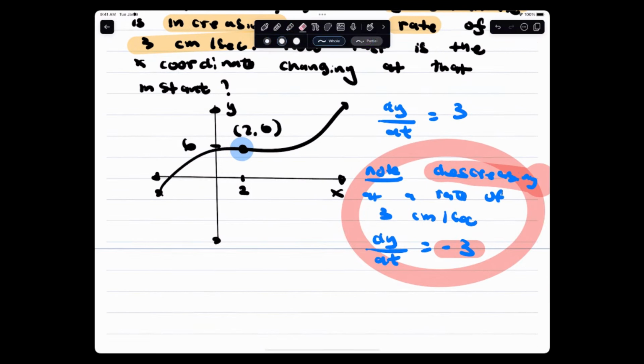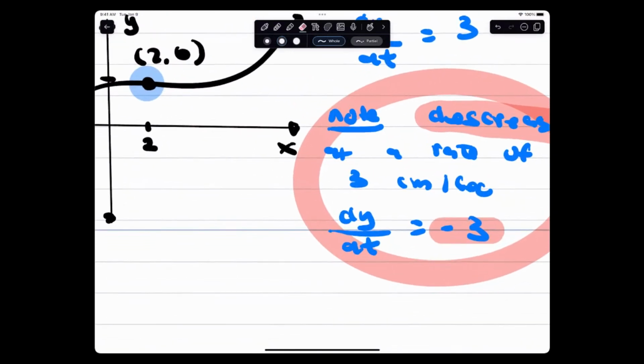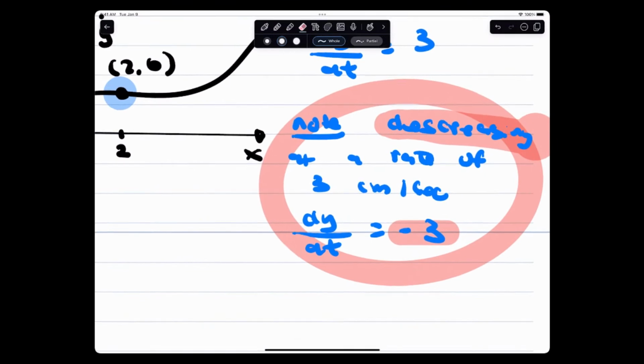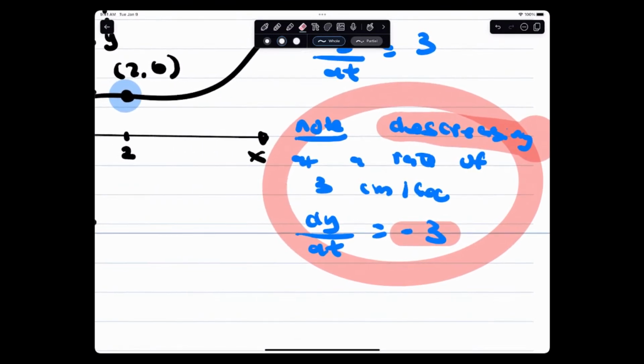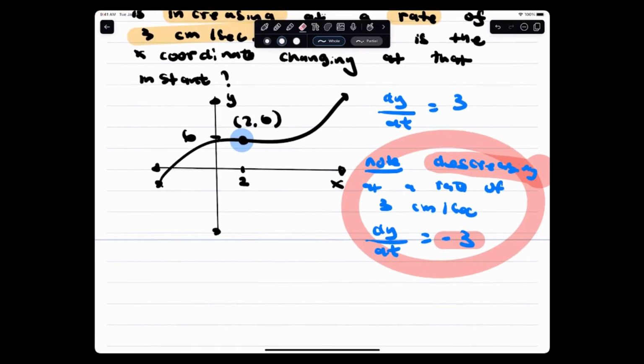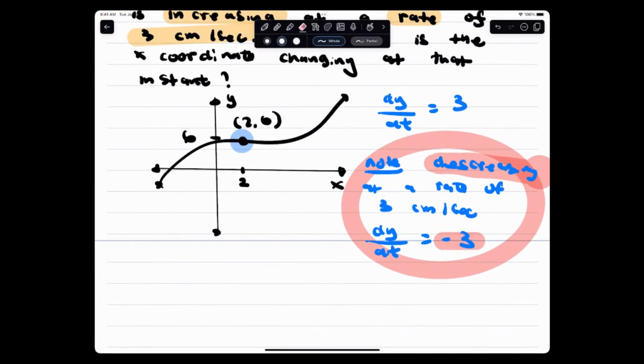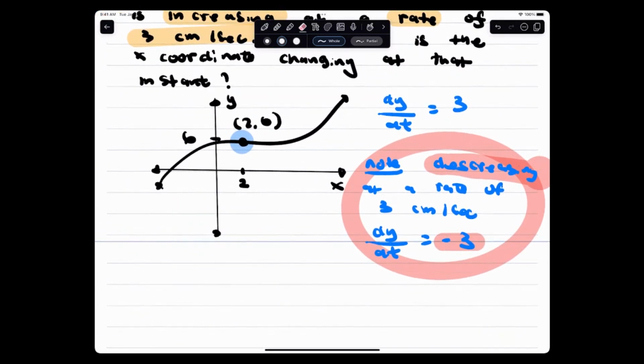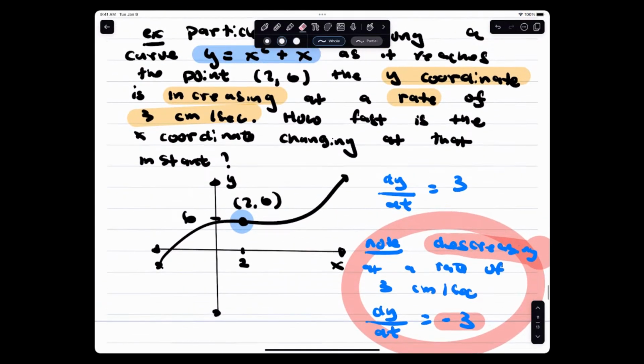If they say decreasing at a rate of 3 meters per second, there you guys go. It's negative 3. You guys okay with that? Good job. I understand what you're saying. All right, you guys okay with that? Decreasing is a negative value. They may write it down positive, but they expect you to know dy/dt is negative. Anyway, just to kind of say that.